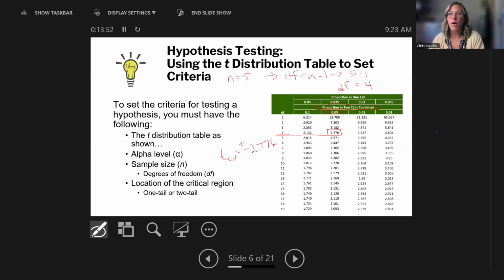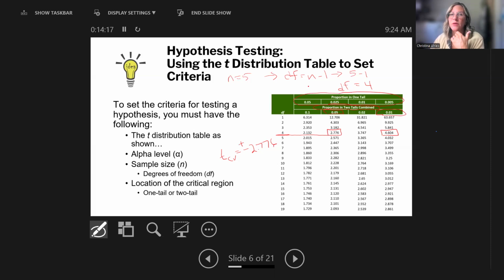If it's 0.01 two tails, you're going to look in this column, this last column right here. And so that would be a critical value of 4.604 if you were using alpha 0.01. If you're using one tail, you're going to use this section up here to distinguish which columns you're using.